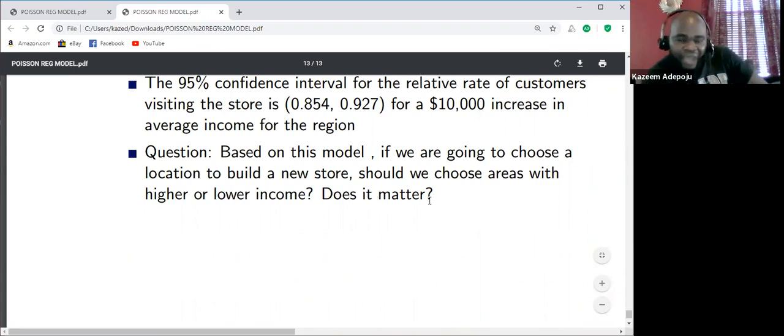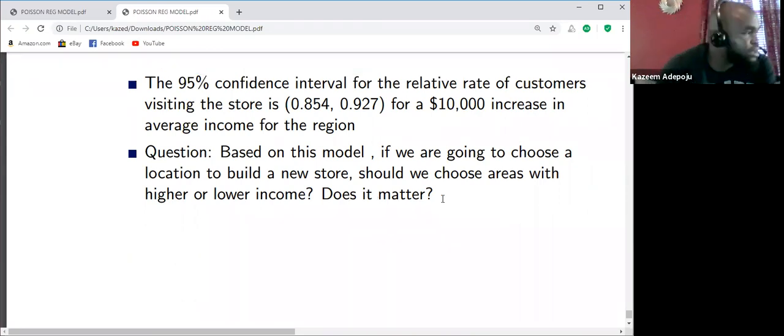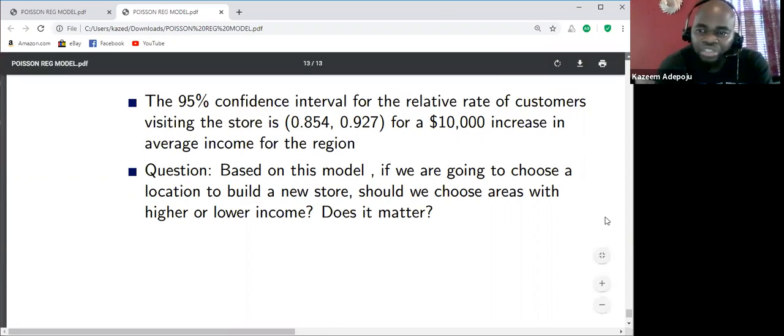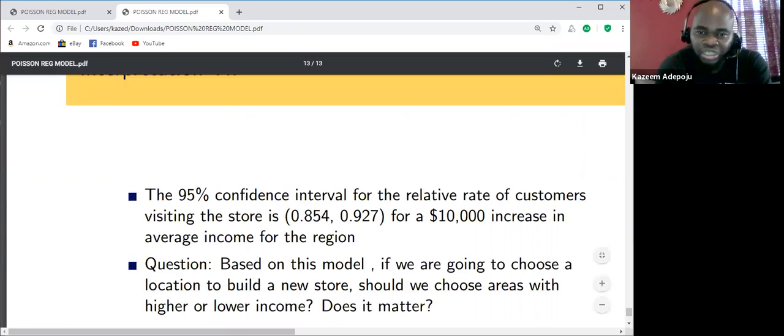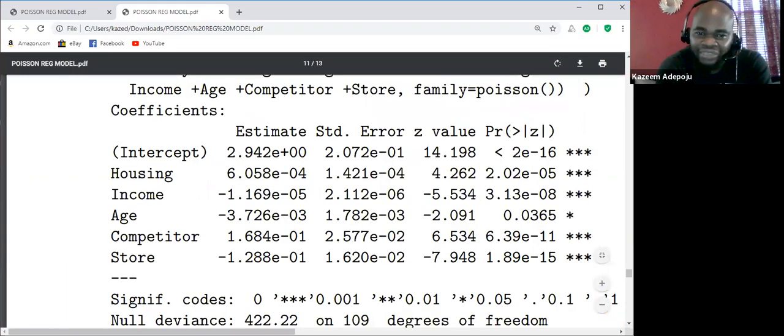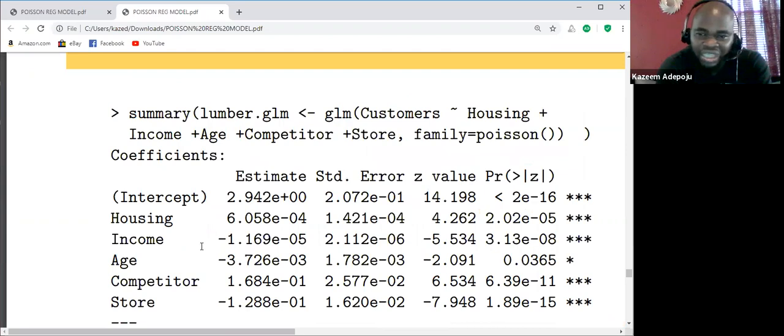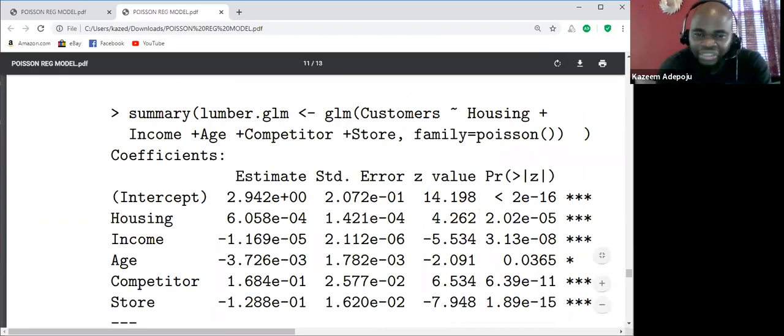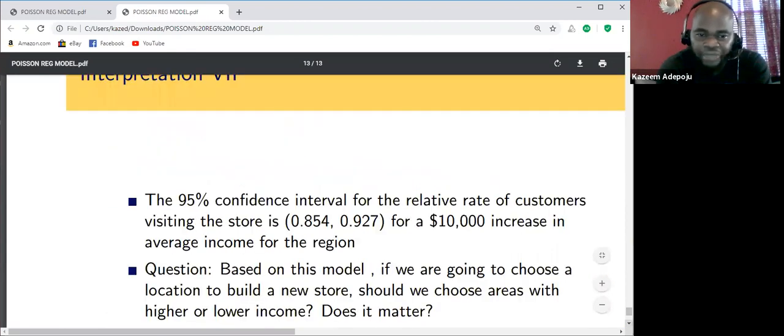Does it matter? For those of you who want to build a new store, based on what we have done today, you can see they are highly significant. All the predictors here are more or less significant, which means they need to be taken into consideration when you want to build a new store.